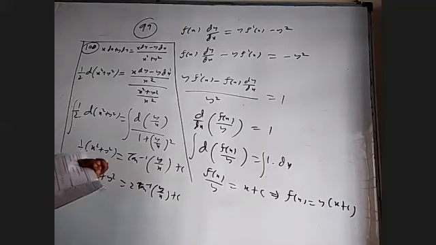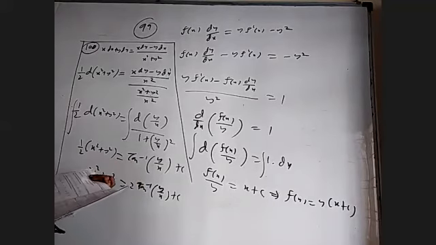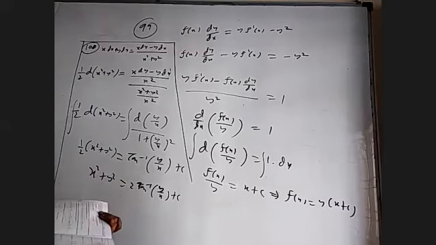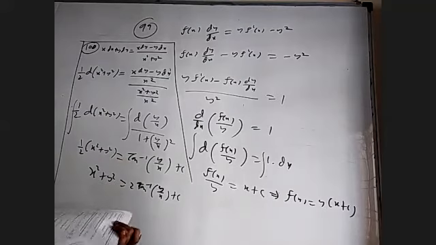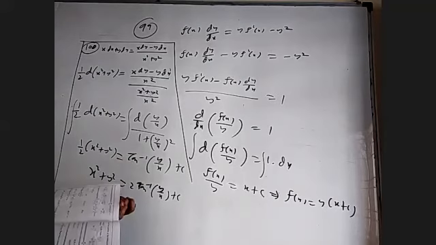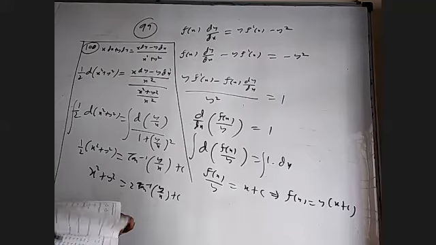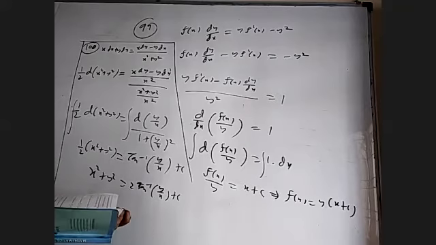After 100, 101. Is it similar? Okay, we'll do 101. That's it. We'll do 101 and then we'll go to orthogonal trajectories in the topic. Other questions also we may do. We'll tell you.